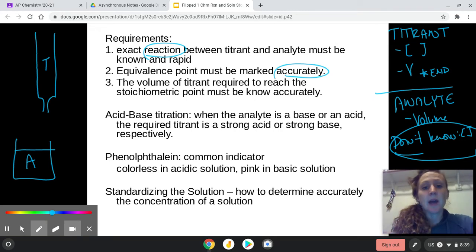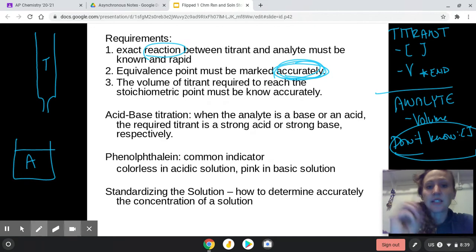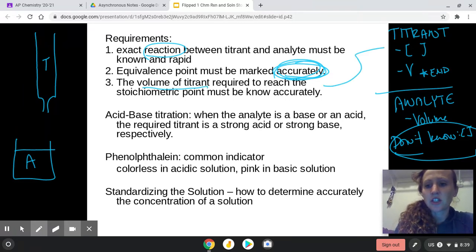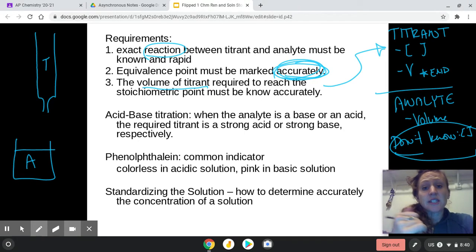And then we were going to go back and do a second one where you get close to the equivalence point, and then you add in base drop by drop by drop so that you get a really accurate equivalence point marked. If you're not accurate, you're going to have error on one side or another, and you're not going to get a very good answer out. And then the volume of titrant, you have to know the volume, and you actually have to know the concentration as well.